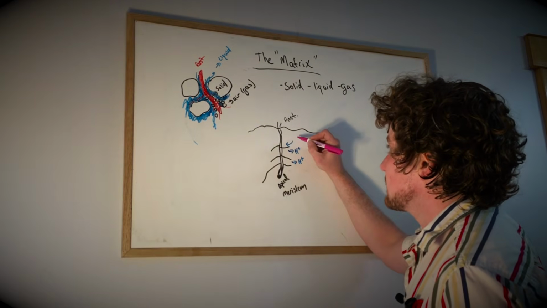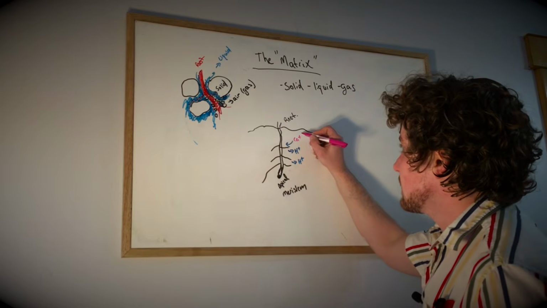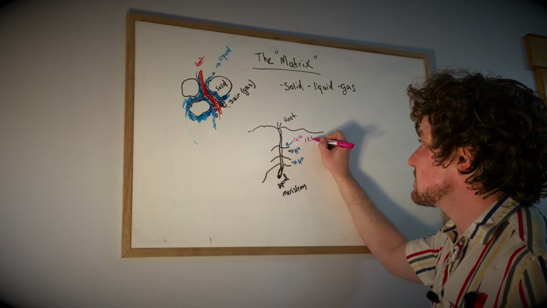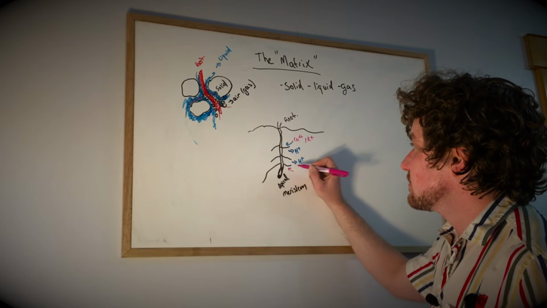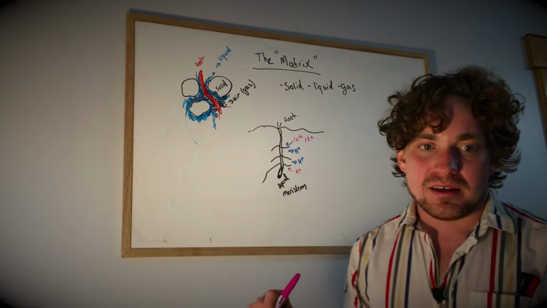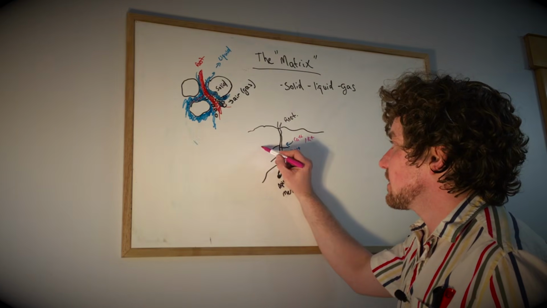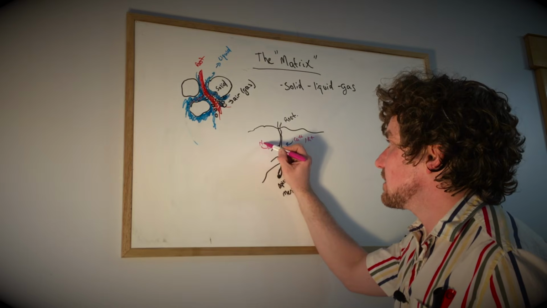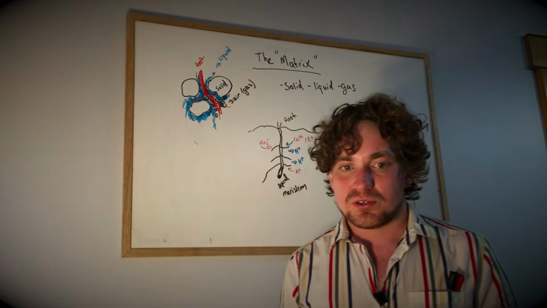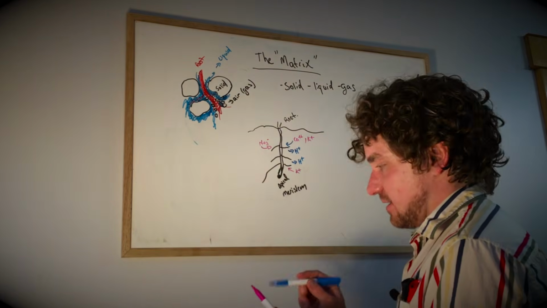Those would be positive things, cations like calcium, which is 2+, could be potassium. And then usually nitrate is an anion, so that's coming in this way, being absorbed, and that's a negatively charged particle.